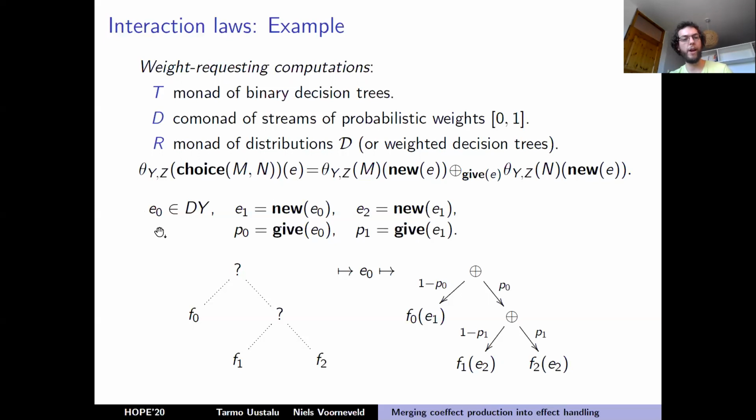So for example, if we have the initial environment E0, and it produces P0 and P1 with these new intermediate environments, then if we deal with this probabilistic choice, where the leaves are given by predicates on state, and we take E0, then we get this probabilistic choice, weighted decision tree left here.